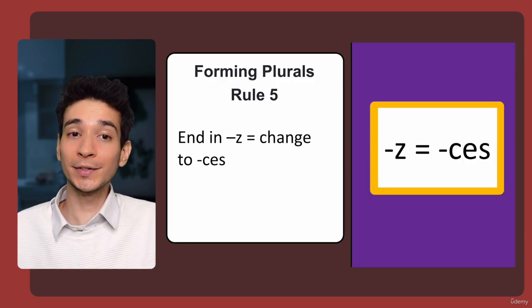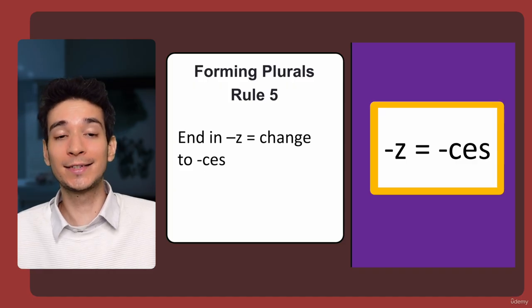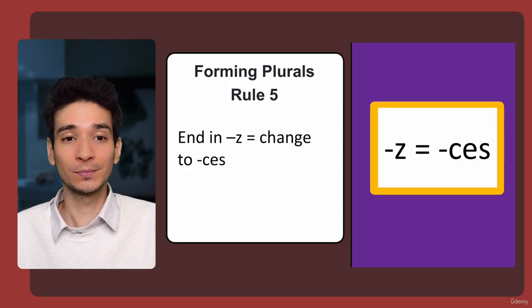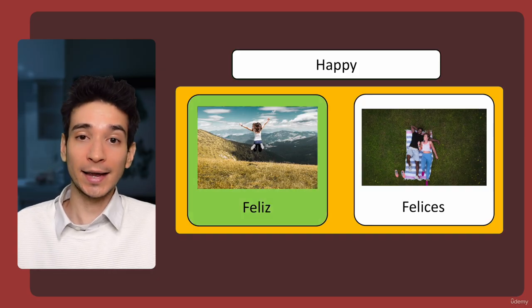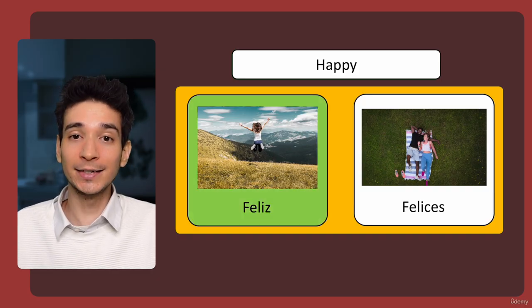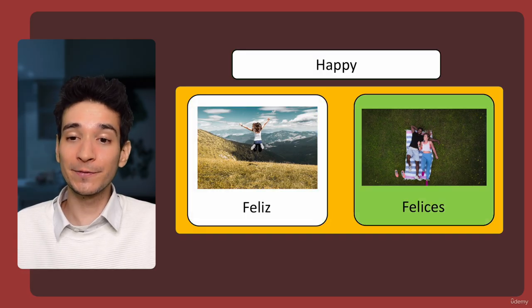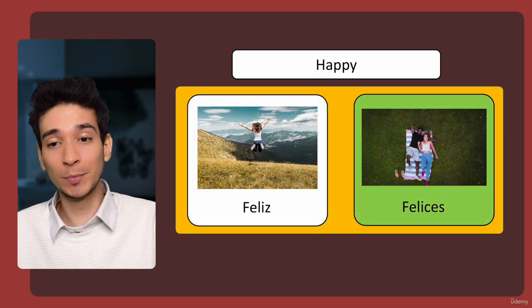The next rule is that if the word ends in Z, then you change it to CES. For example, feliz, which means happy, we would say felices, happy but plural.